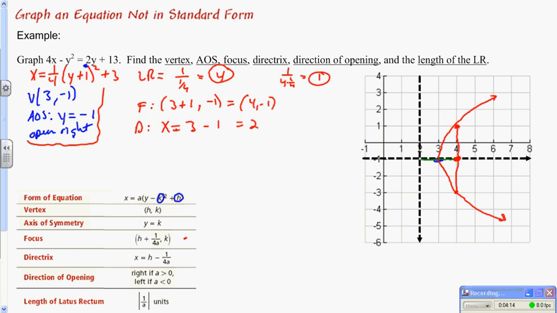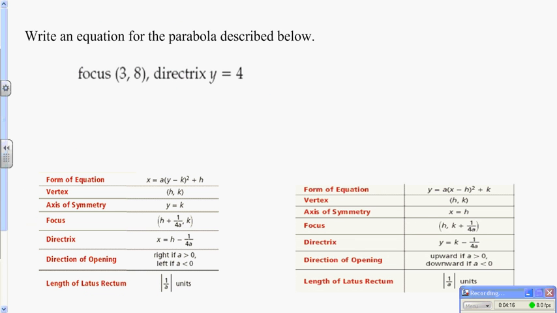I'm going to do one more example here. It's not in your notes, but it's good to practice. We have to graph or come up with the equation of this parabola. First thing we have to do is decide is it going to open right or left. So if I graph this, I have a directrix, which is y equals 4. I have a focus, which is 3, 8.